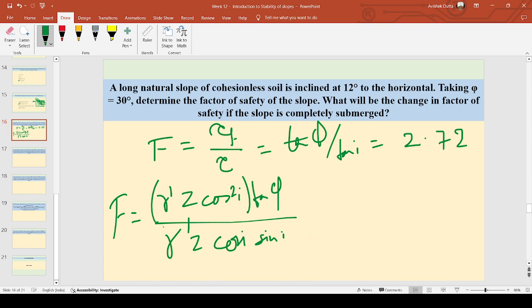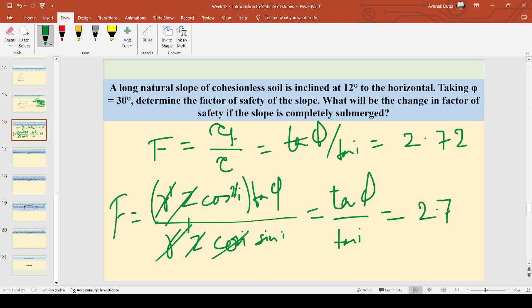Gamma submerged is the submerged unit weight of the material. I haven't given the submerged unit weight because gamma dash and gamma dash cancel each other. Also Z and Z cancel each other. One cos component also cancels, and then we are left with the same equation as the previous one: tan phi divided by sin by cos, which is tan i. Hence the value is the same, 2.72.